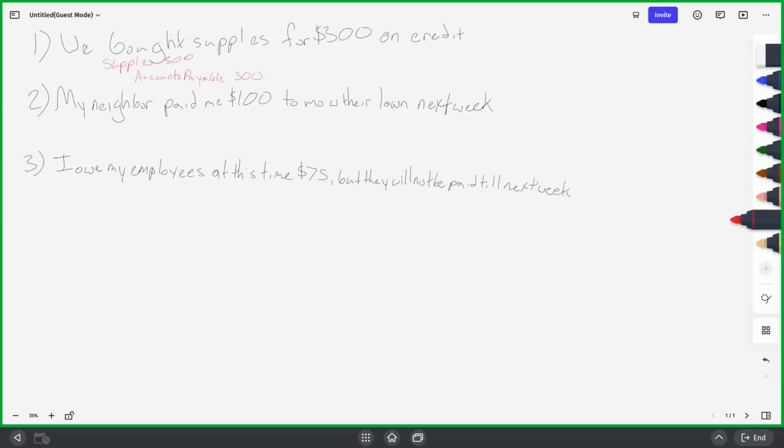All right. My neighbor paid me $100 to mow their lawn next week. Cash 100, unearned revenue 100. All right. I owe my employees at this time $75, but they will not be paid until next week. Wage expense, wage payable. Yep.